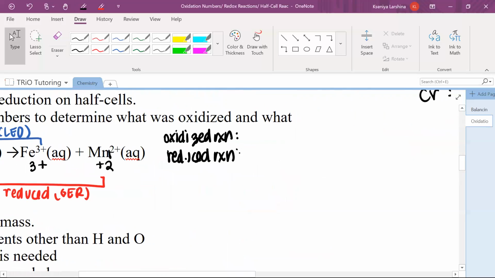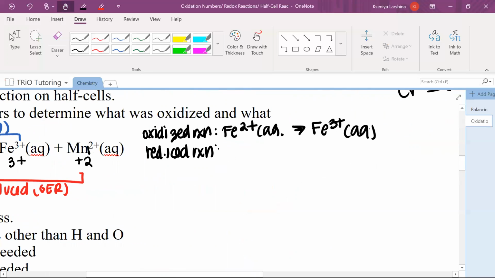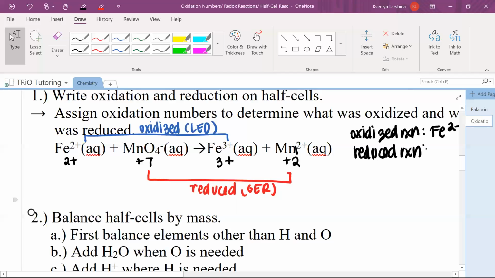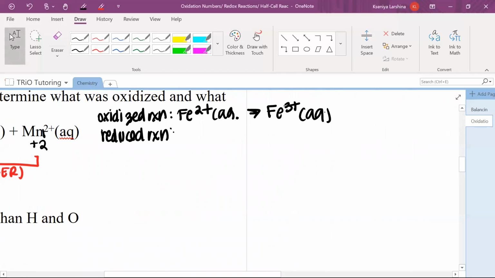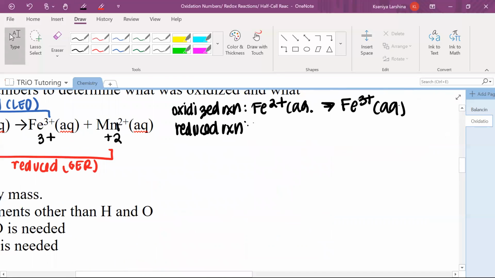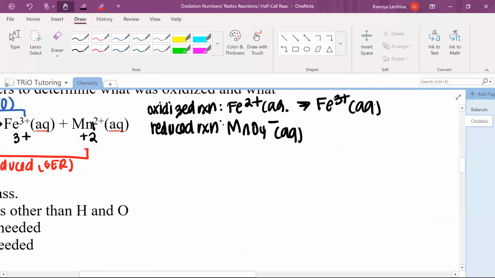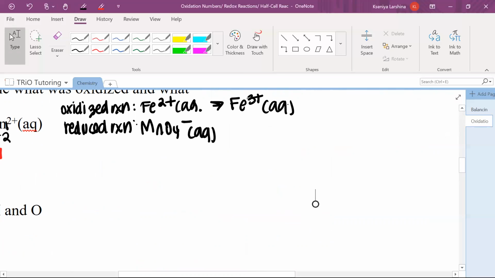So your oxidized would be Fe 2 plus aqueous going into Fe 3 plus aqueous. And then your reduced reaction would be MnO4 negative aqueous going into Mn 2 plus aqueous.